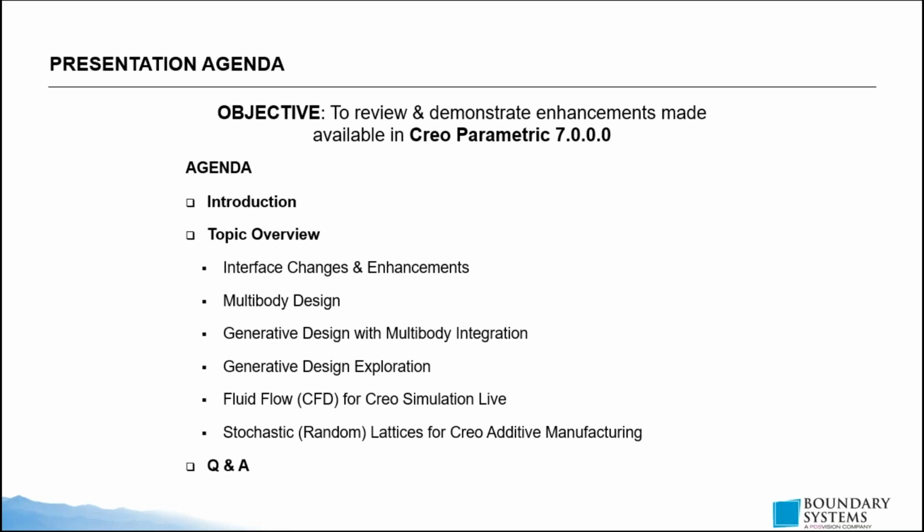And next, we'll talk about multibody design and how that's been added into Creo 7 and what the enhancements are there. Next, we'll then go into the generative items, so the generative design with the multibody integration, and also then the generative design exploration functionality as well. So we'll talk about both of those.